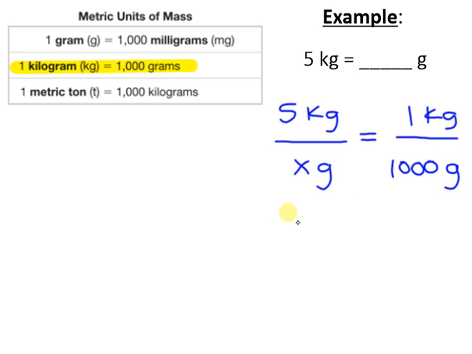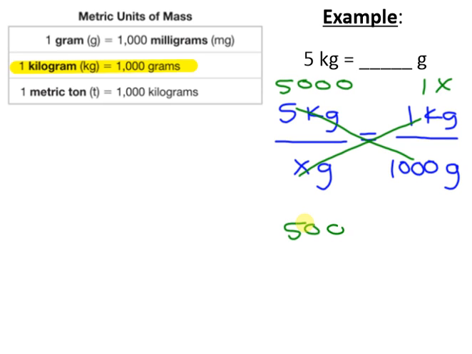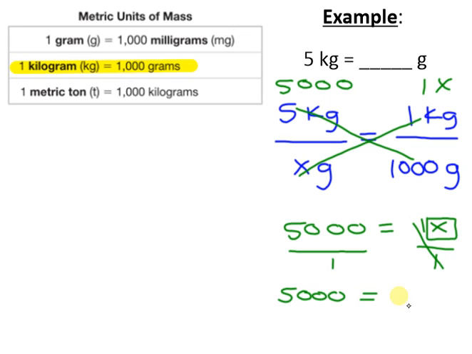So let's cross multiply. x times 1 is 1x. 5 times 1,000 is going to be 5,000. So 5,000 equals 1x. Box your variable, divide by 1 on both sides. 5,000 divided by 1 is 5,000 equals, your 1s cancel and you're left with x. x equals 5,000.